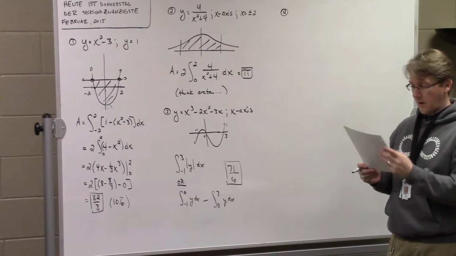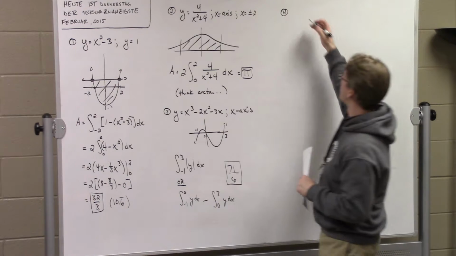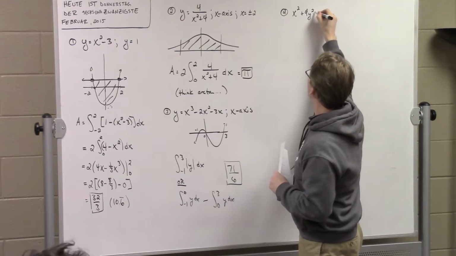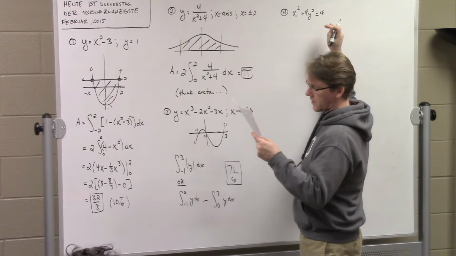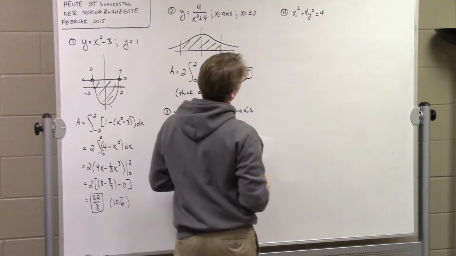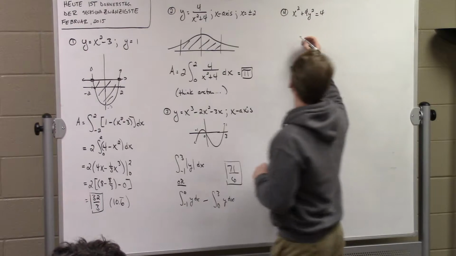Alright, find the volume of the solid whose base is the region enclosed by this, and whose cross sections perpendicular to the x-axis are squares. I think some of y'all tried to graph this.